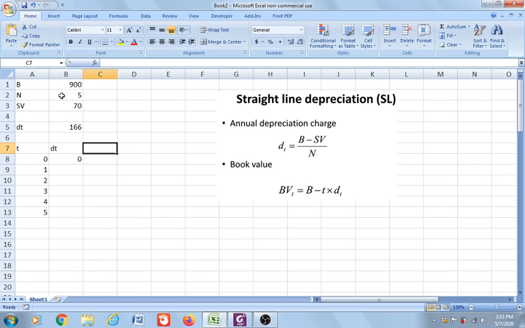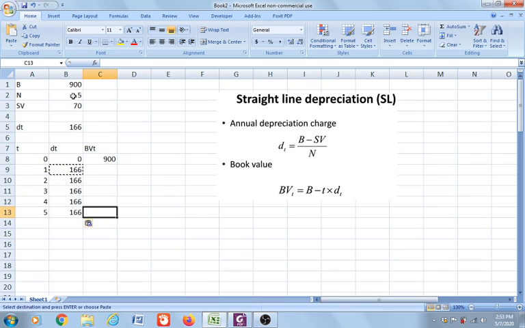And we will have the book value of the asset for year T. The book value of your asset in year 0 is just the basis. DT in the straight line depreciation method is a constant, so it starts from year 1 and is the same all the way from year 1 till year 5.